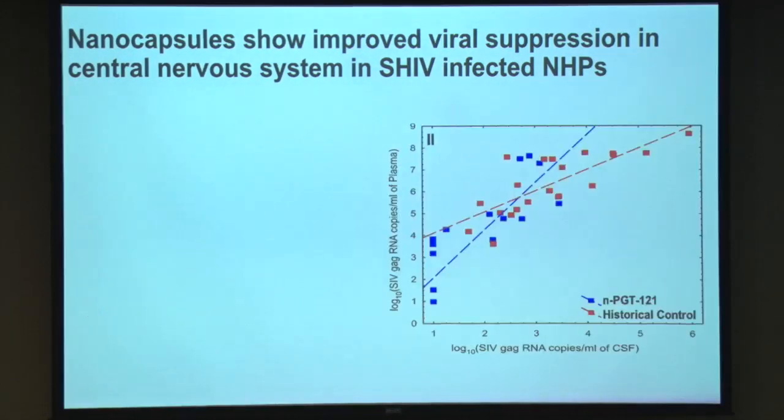And compared to the historic data, the blue dots are from the group treated with nanocapsule. Compared to the red one, the viral load in the central nervous system shows significant improvement of viral load suppression.